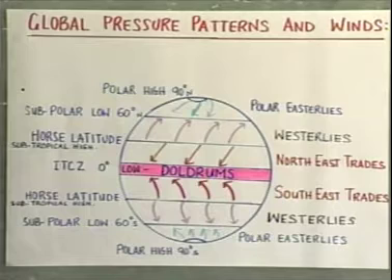Because the deflection is to the left, if it's deflected that way, then obviously this is west, right? And this is east, and that's why they are called polar easterlies, because winds will always blow from the direction of the east.